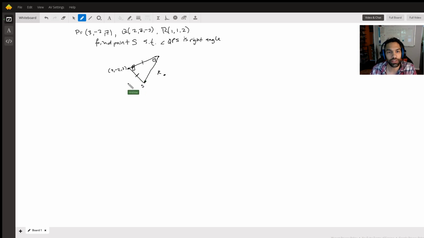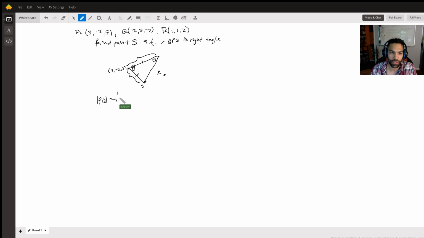So that means a couple things. If we know this length here, which we do, then we can figure out this length right here. And that's what we're going to do first. So the length from P to Q, we can find by using the square root of the differences squared.